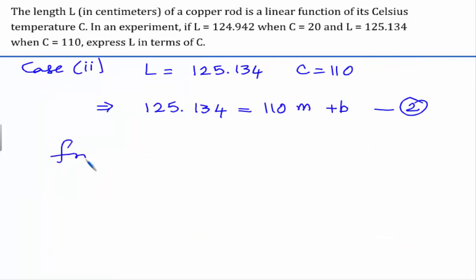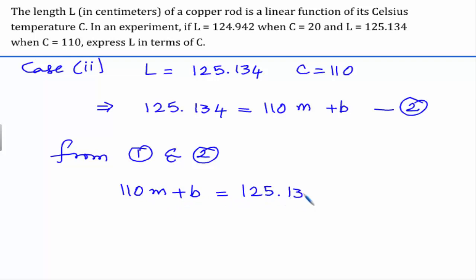Now from equations 1 and 2, that is 110m plus b is equal to 125.134 and 20m plus b is equal to 124.942, let us subtract.